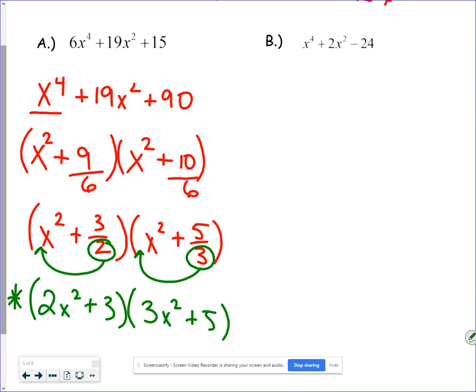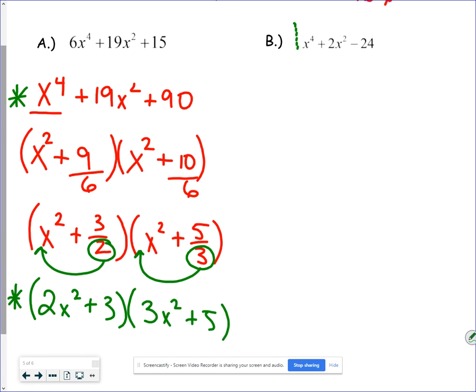All right, let's look at B. We want to try to factor B. Well, what's nice about B, it already has a leading coefficient of 1. So it's already in this step. So you don't have to slip anything to the back.